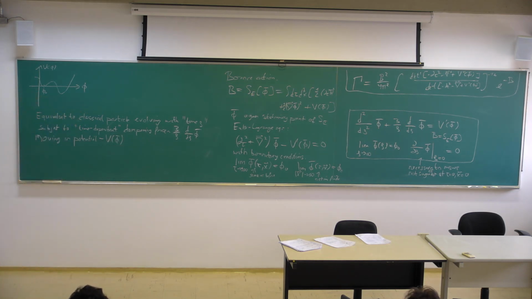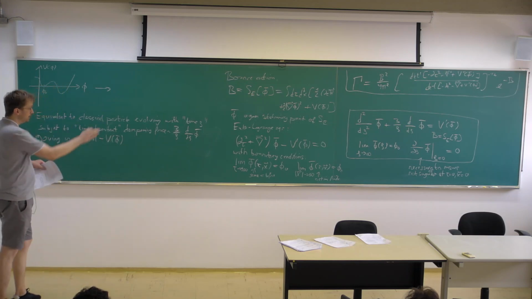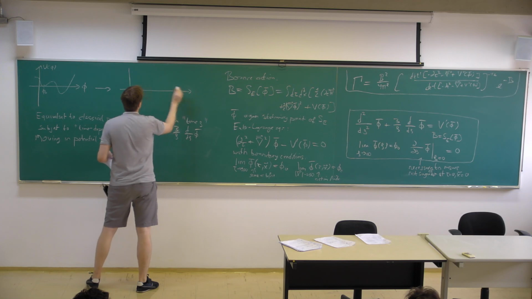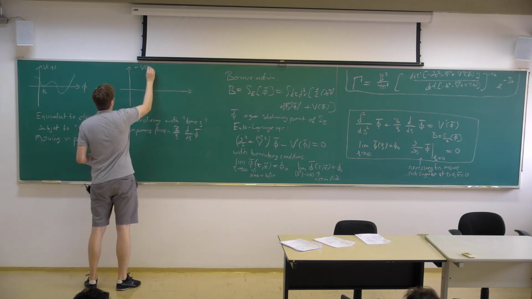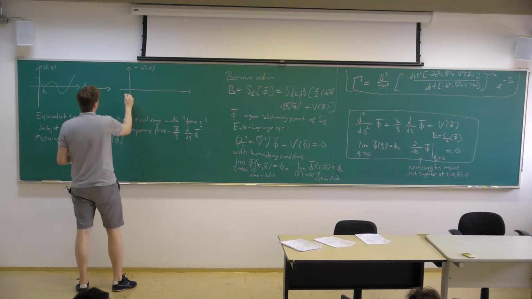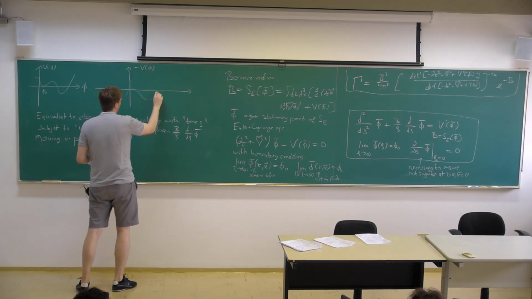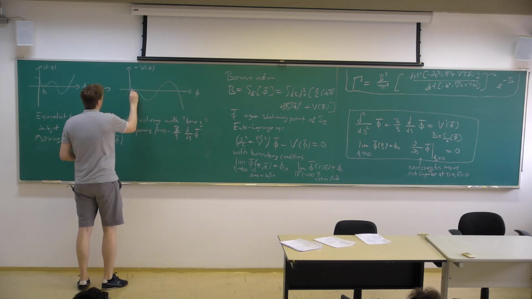And that's the same as we had for the case of quantum mechanics. So let me just draw it now. This problem maps to the following one: a particle moving in the inverted potential. And here's phi naught.